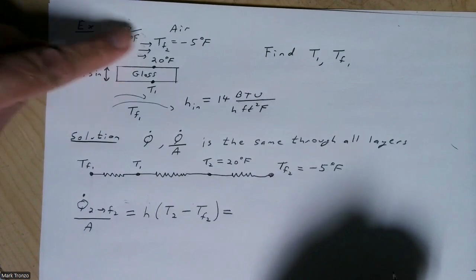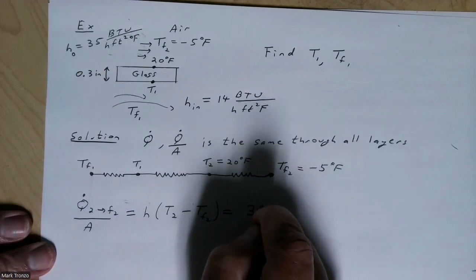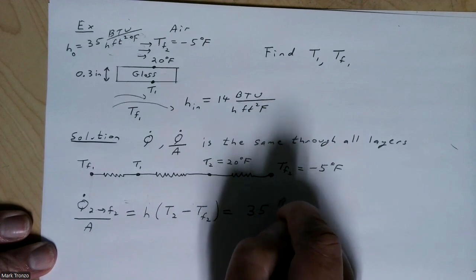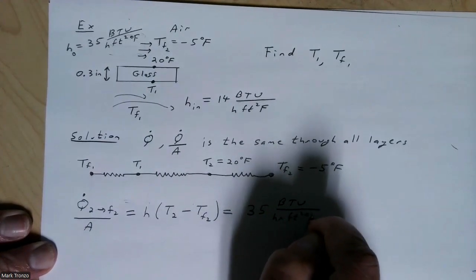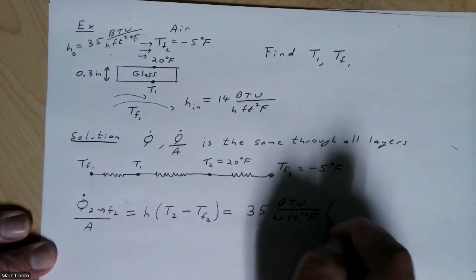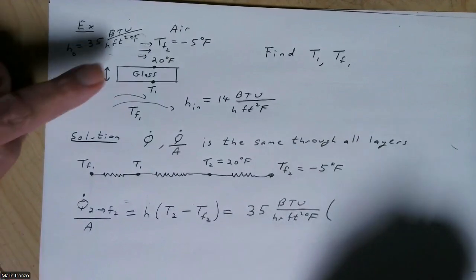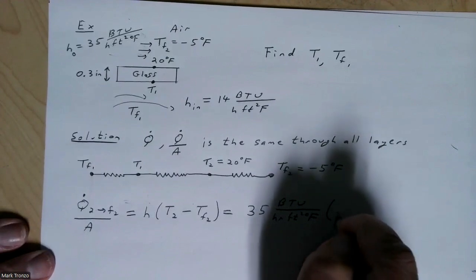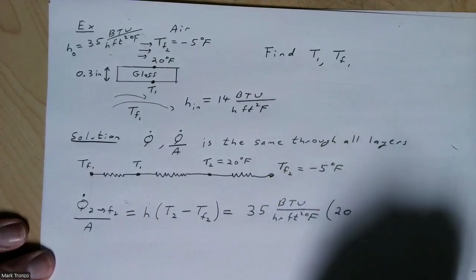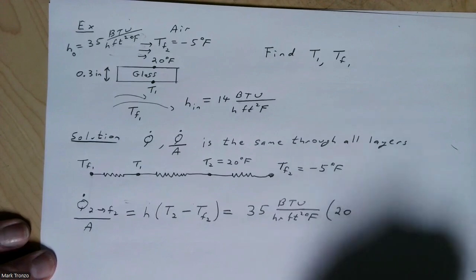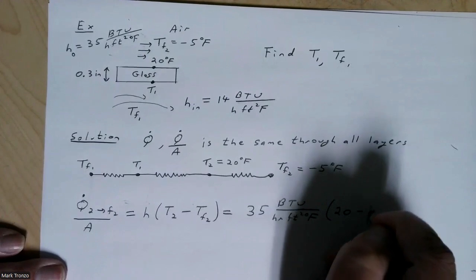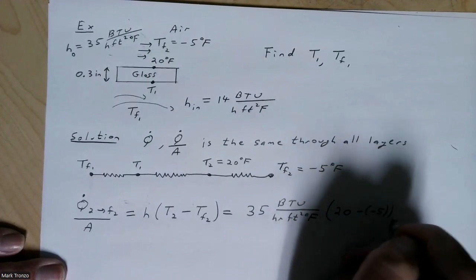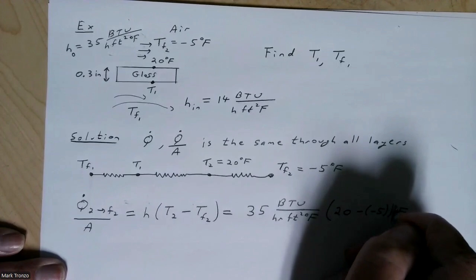And again, we know the heat transfer coefficient out here, 35 BTUs per hour foot squared degree Fahrenheit. And T2 was 20, and minus minus 5 Fahrenheit, because it doesn't matter if we have Fahrenheit or Rankine for differences.